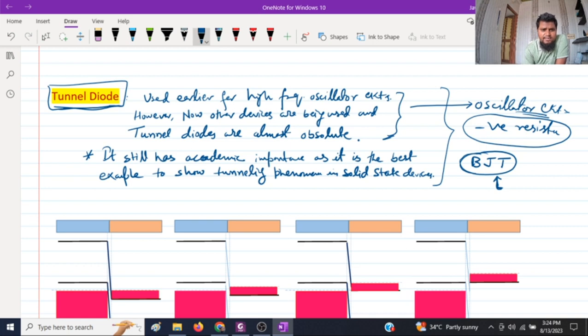That's why most semiconductor device physics or solid state device subjects still have it in their curriculum.